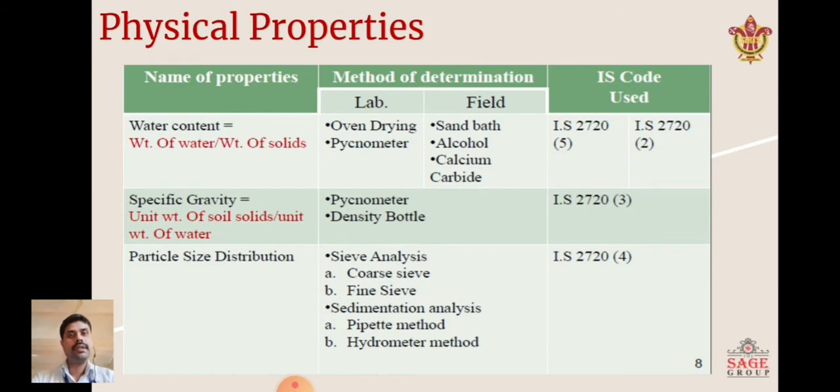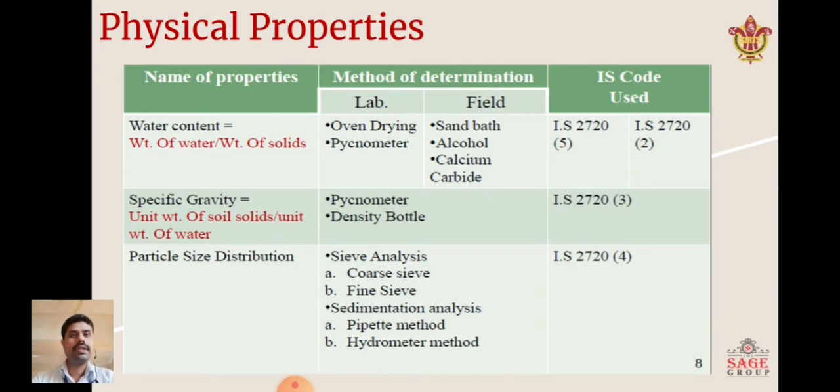Water content can be determined by weight of water upon weight of solids. So this is the formula by which we can calculate the water content of the soil. Basically, there are two types of methods for determining the water content of the soil, categorized into two parts, that is lab and field.